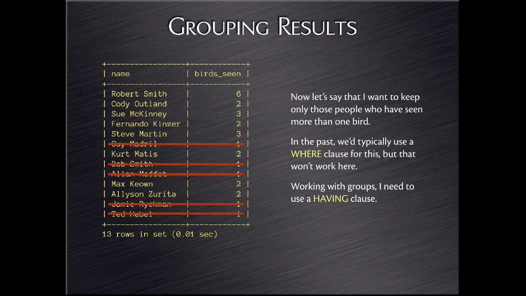Now, in the past, what we would have done is put in a where clause, and I'm not even going to write it down, I'm just going to say it because it's not right. We would say something like, select yada, yada, yada from all these places where birds seen is greater than 1. That's totally logical and it makes sense. And if you're thinking that way, good for you. In this case, it's just not right.